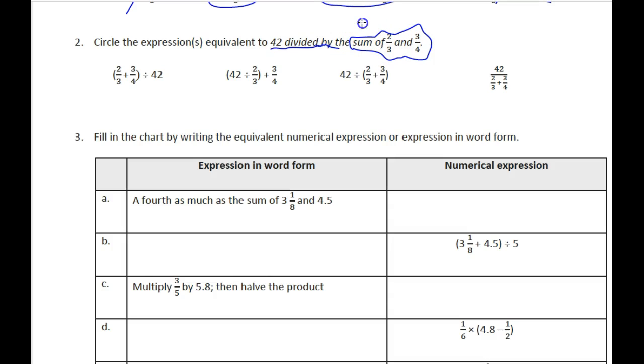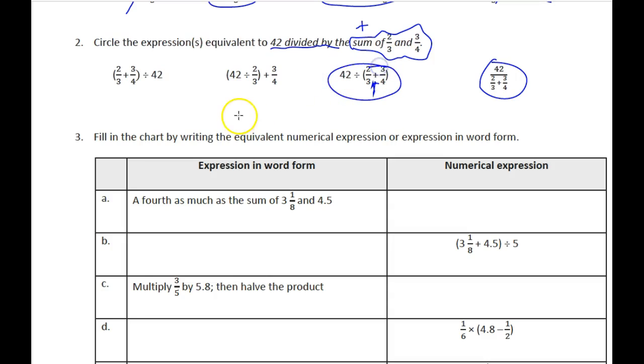And it's sum, so it means we have to add in here. And so on this one, we can read this upside down and go 42 divided by the sum of these two. That'll work. When we look at this one, we say 42 divided by sum, because we're adding these two.